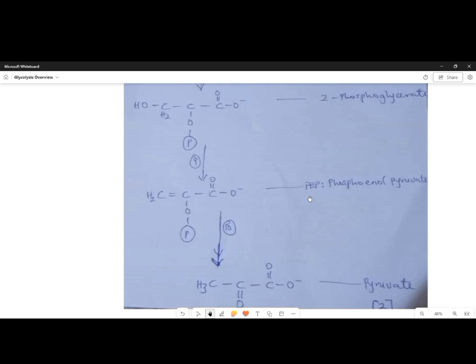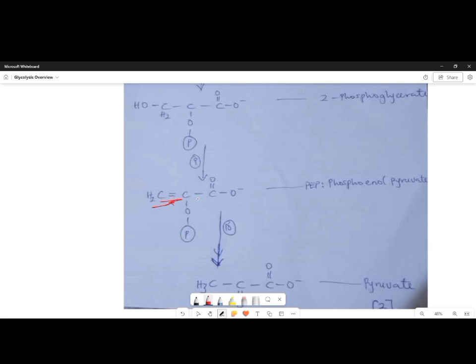But there is a double bond between carbon 1 and carbon 2. I'll quickly show you this double bond here, while the rest of the structure remains the same. So there's an introduction of the double bond at this point.